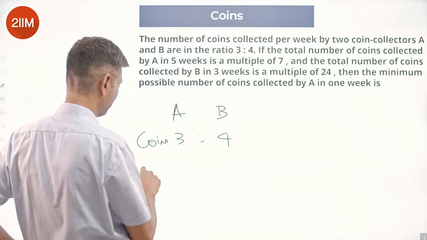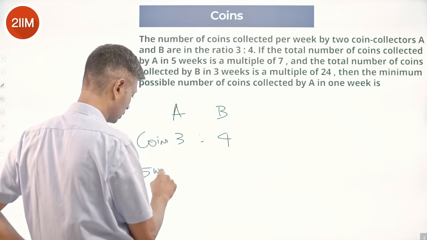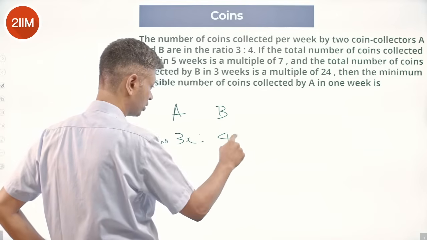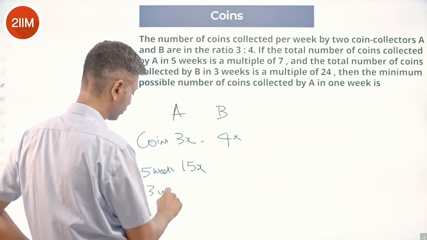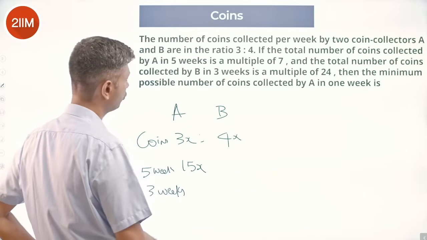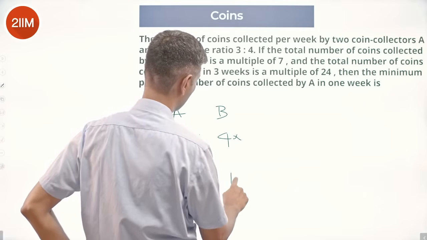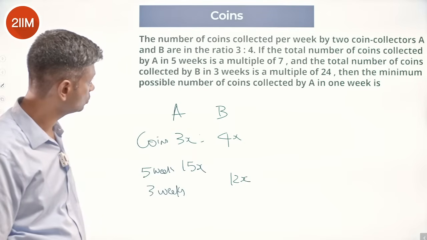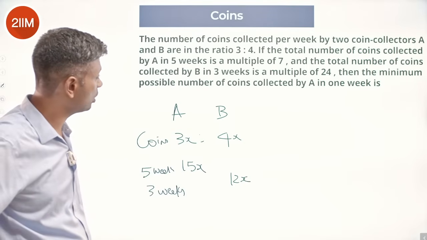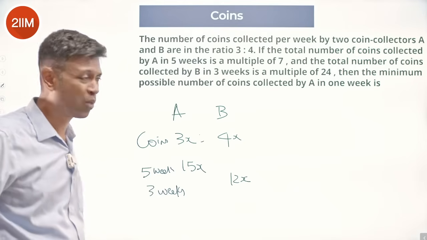So in 5 weeks, let's say this is 3x and 4x, we'll collect 15x, and 3 weeks the number collected is 4x into 3, which is 12x. Then the minimum possible number of coins collected by A in 1 week.